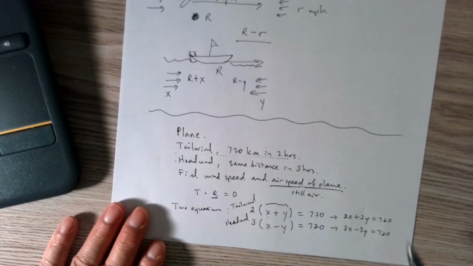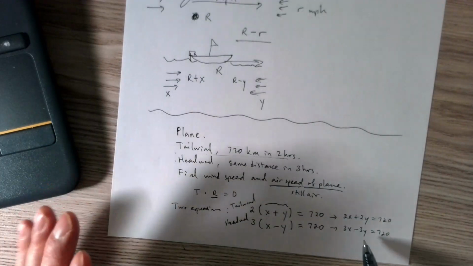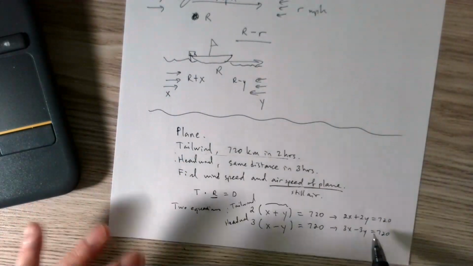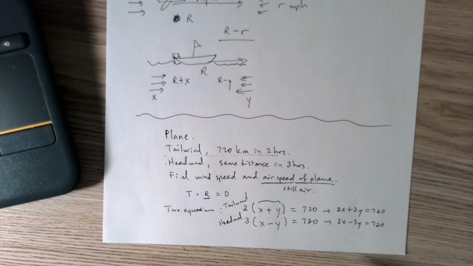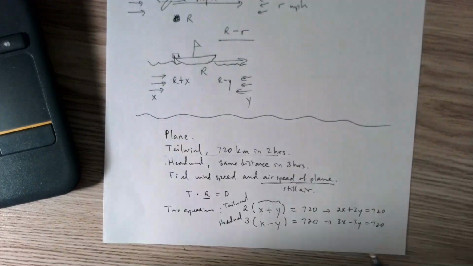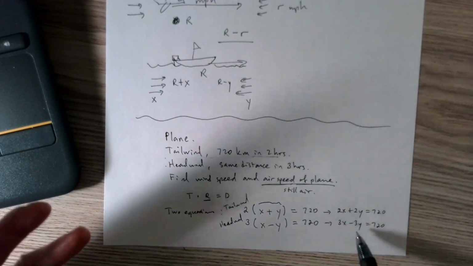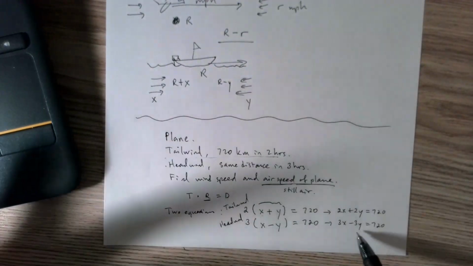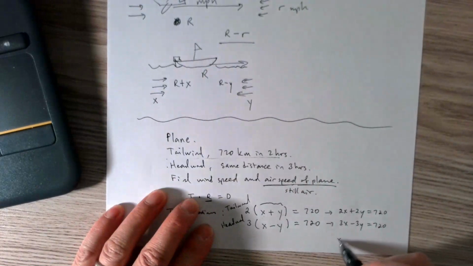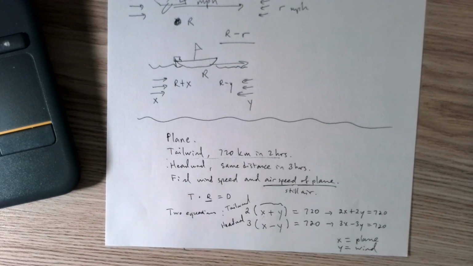And now I can use elimination, I can use substitution, I can use determinants to solve this. Now I'm not going to show the solving now because I don't want to make the video too long, but you've seen this before. Most of you I know would probably use elimination, right? To get rid of the x or y. When you solve for x, that's going to be the airspeed of the plane, and when you solve for y, that's going to be the speed of the wind.